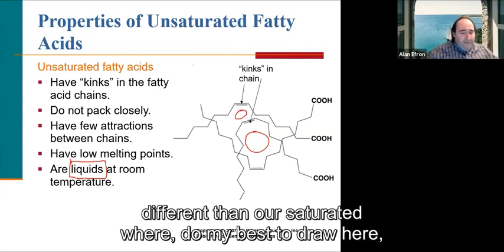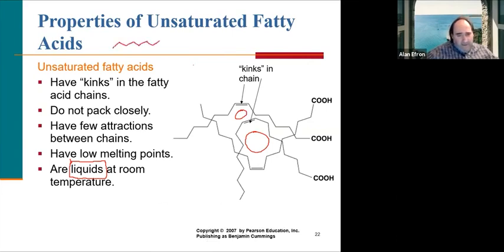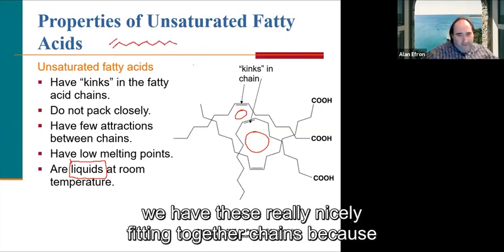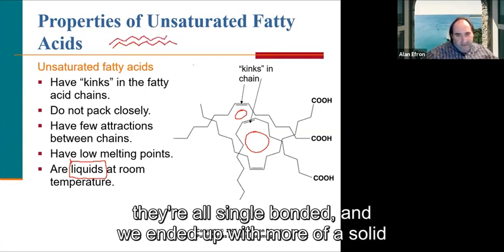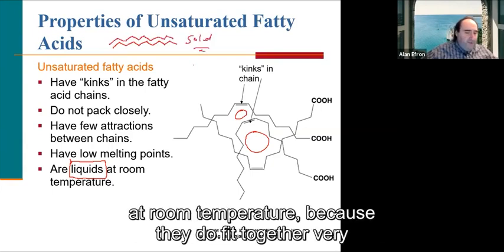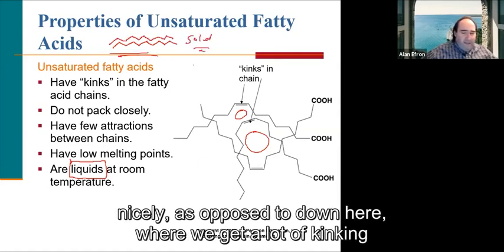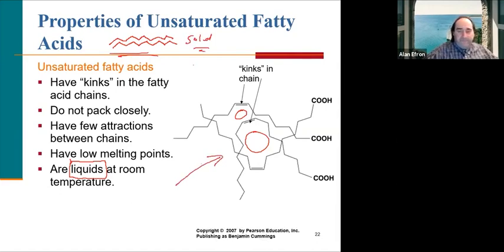And again, that's different than our saturated, where I'll do my best to draw here. We have these really nicely fitting together chains because they're all single bonded, and we end up with more of a solid at room temperature because they do fit together very nicely, as opposed to down here where we get a lot of kinking that's occurring.